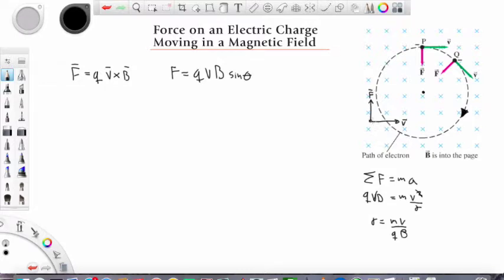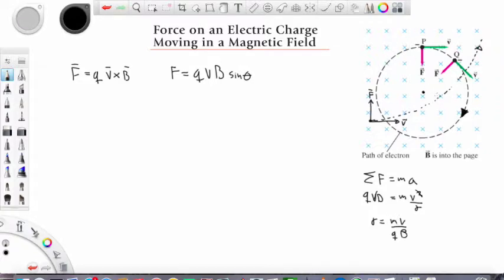So the proton also ends up on a circular trajectory, but its radius is much larger, because according to this formula heavier particles have a much larger radius.